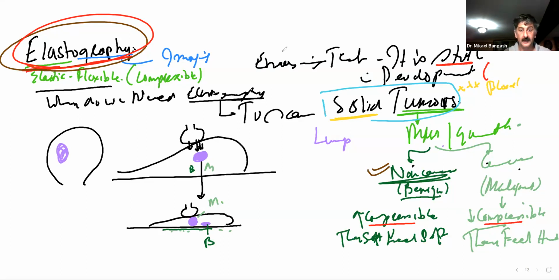Would there be a way by which we'll still be able to put a greater pressure on this mass here without actually physically pressing the transducer or putting pressure on the transducer?